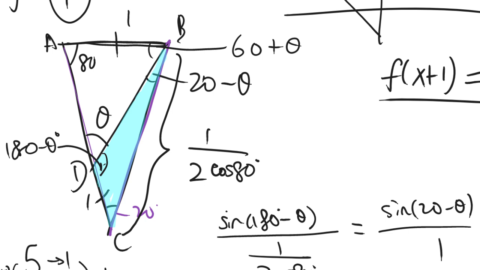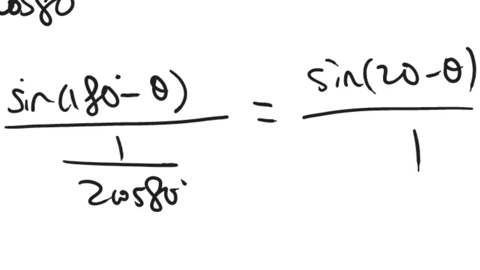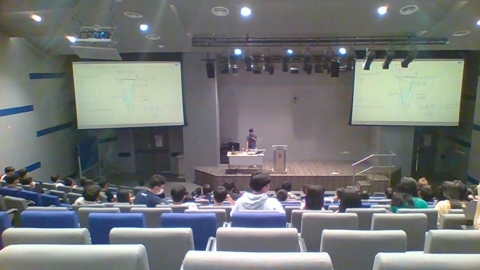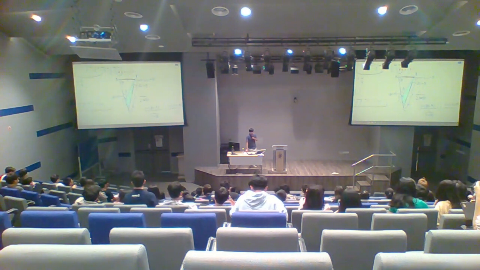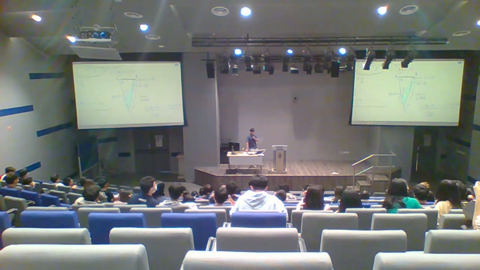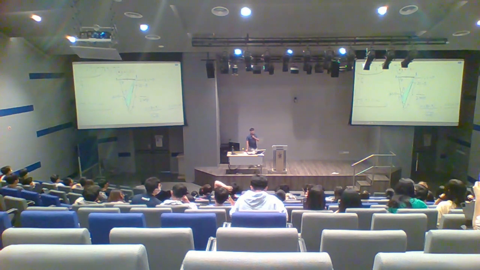So sine of 180 minus theta over DC, which is this, equals sine of 20 minus theta over 1. Right? So I wrote that thing into an equation in terms of theta. And that's great, because now you have an equation in theta, you should expect that you can solve for theta and then the answer would appear.